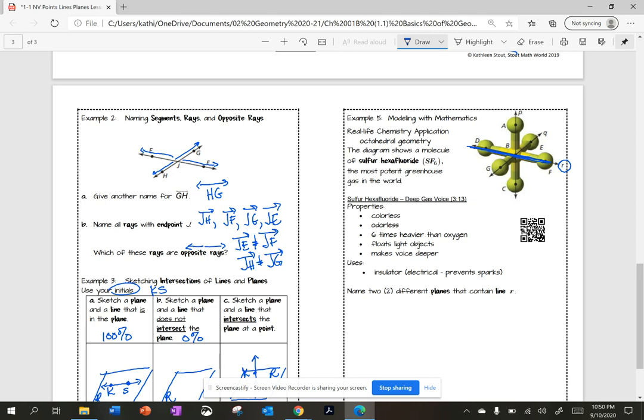So I can name the 2 that are on the line itself, which are D and F. So plane D, F, and then I could name this point E, or I could name this point G, either one of these. That's a horizontal plane. And then if I want to talk about a vertical plane, I could use the same 2 points, D and F, and then name A or C.